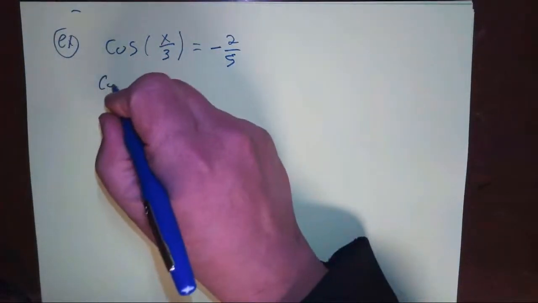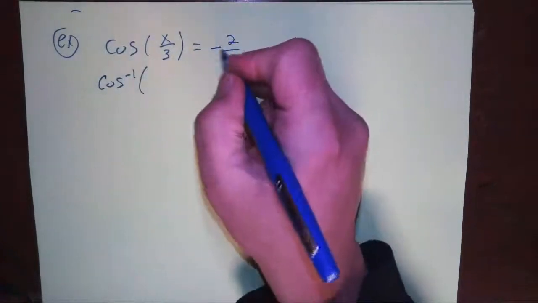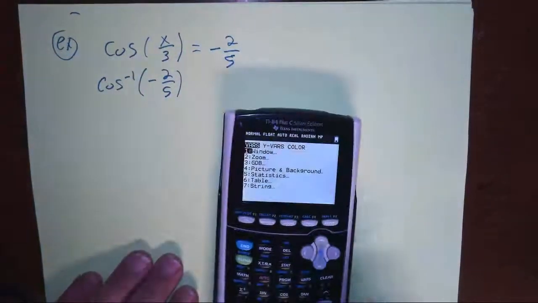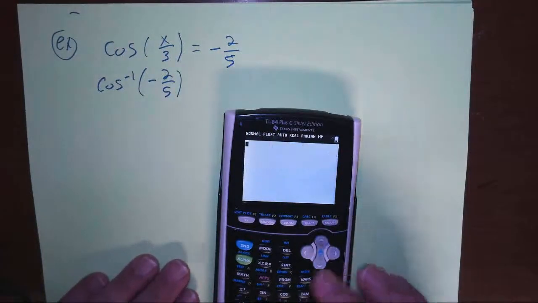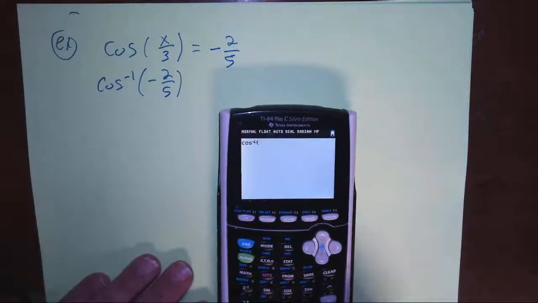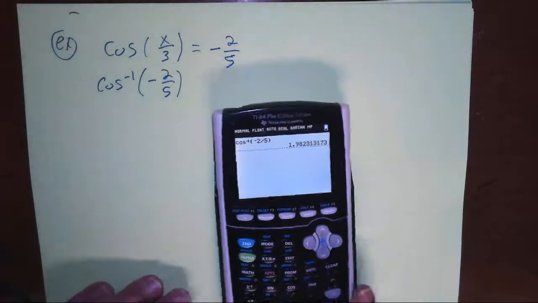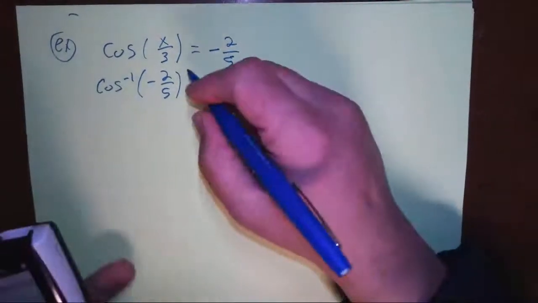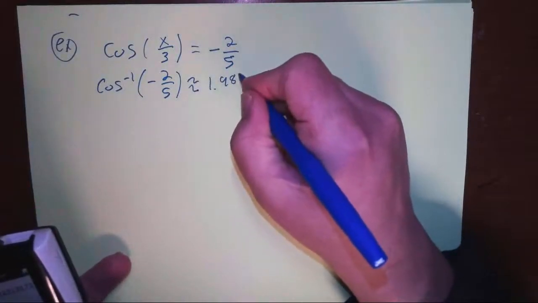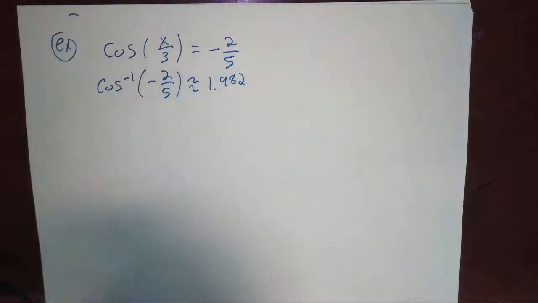I'll use my calculator and find the inverse cosine of negative 2/5. I put in negative 2/5, and this is going to be the radian that gives me that, so it's about 1.982 if I round to 3 decimal places.